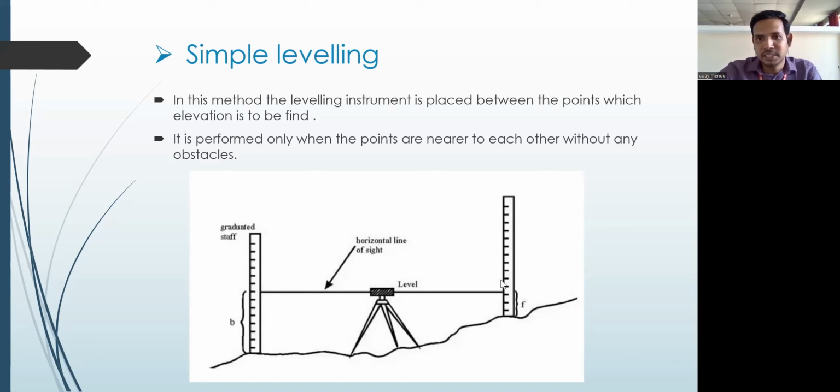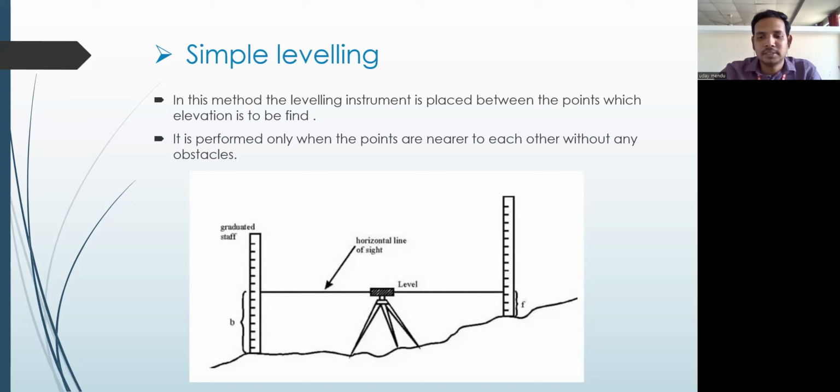From here you will see the reading on point A, and then the reading on point B. The difference between the 2 readings will give you the difference of height between those 2 points. This is nothing but simple leveling, right? In simple leveling, the instrument is placed exactly in between the 2 points and the reading is taken. That is simple leveling.